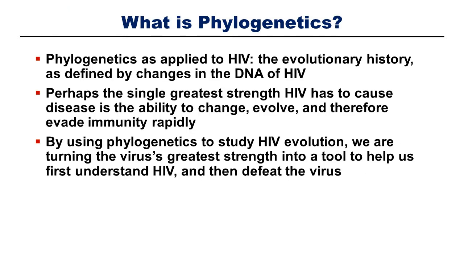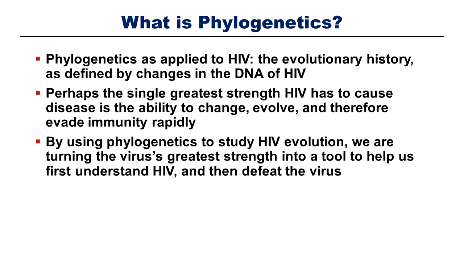So let's talk about applying phylogenetics to HIV and its evolutionary history that we can define by studying the change in HIV DNA. I want to take a big step back and talk about HIV disease from the perspective of phylogenetics. One of the greatest strengths that HIV as a disease-causing agent has is its ability to change. It's like a shapeshifter.